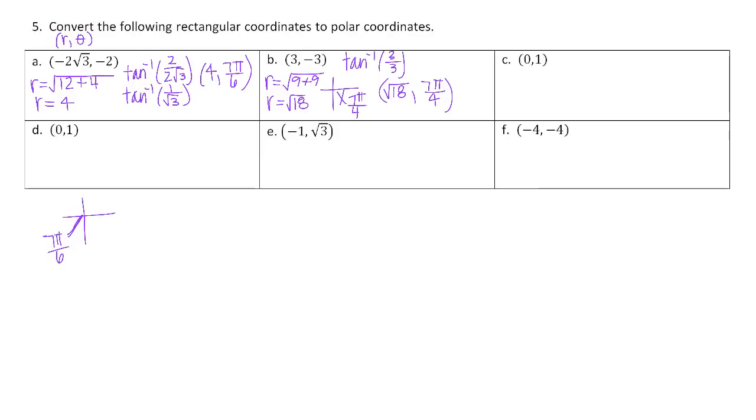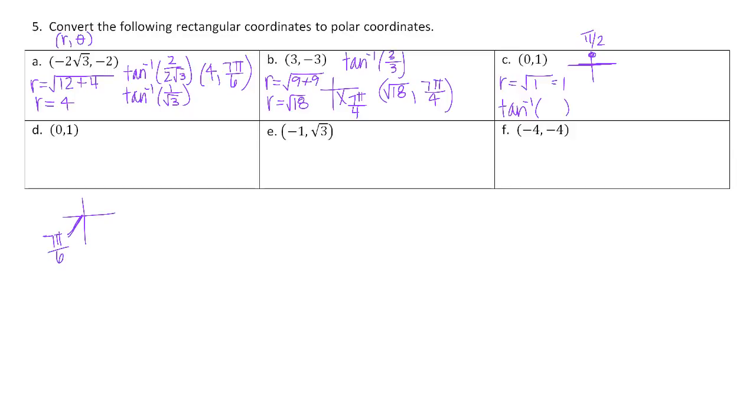All right, part C, 0, 1. So again, when we find our radius, the radius is going to be the square root of 1, which is 1. And then back to inverse tangent. And really, if we plot this point, some of these might be just easier to plot. Because if we're at 0, 1, we very quickly see that we're up here at pi over 2, aren't we?